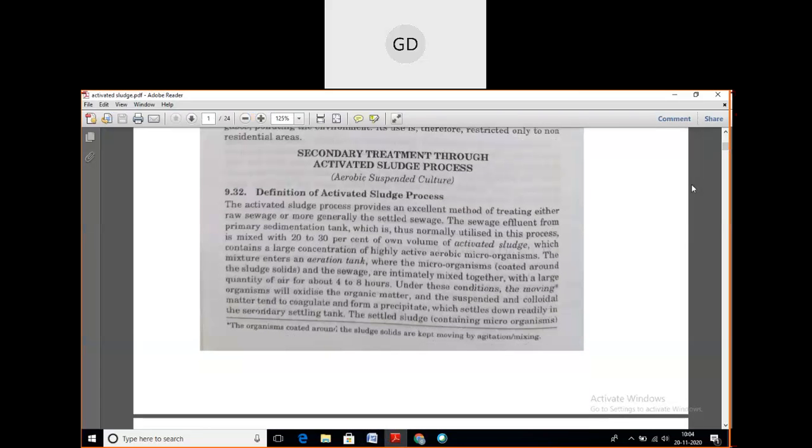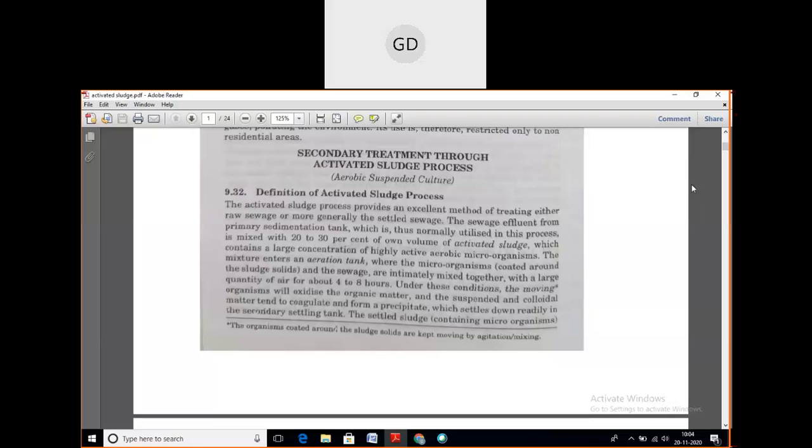Okay. So basically, the activated sludge process is also a secondary treatment process. Like the trickling filter we have learned, that one was also a secondary treatment process, and this one is also a secondary treatment process. But one is suspended and one is attached.